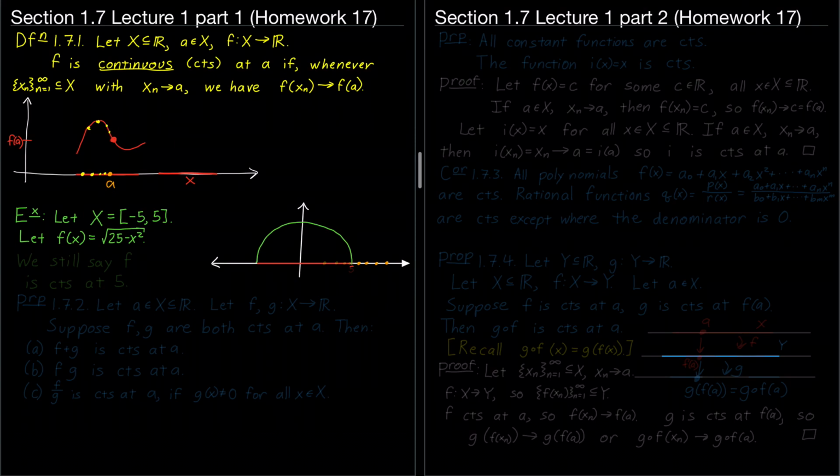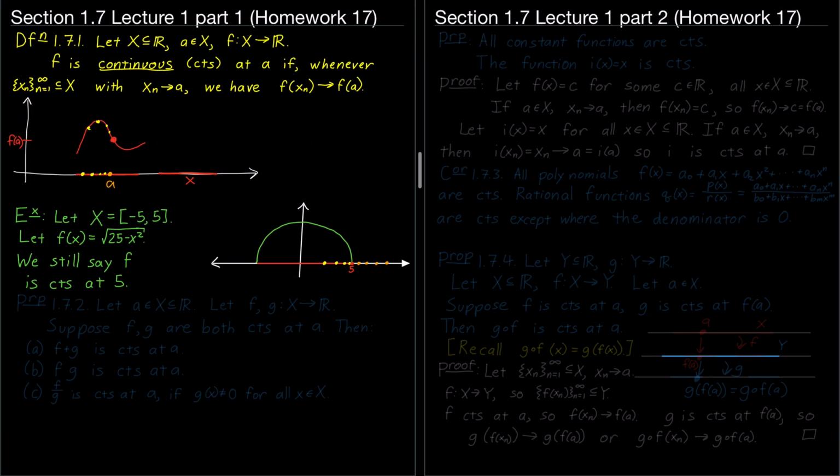And notice in particular that this function is not defined when x is bigger than 5 or smaller than -5. But what I want to emphasize is that we still say that f is continuous at 5, because we only care about sequences that are in X, that are converging to our target point 5 here.